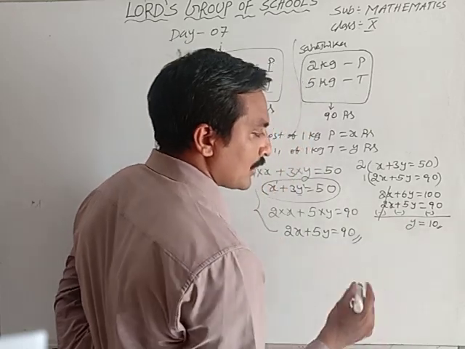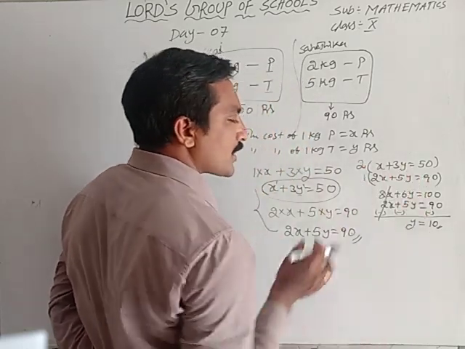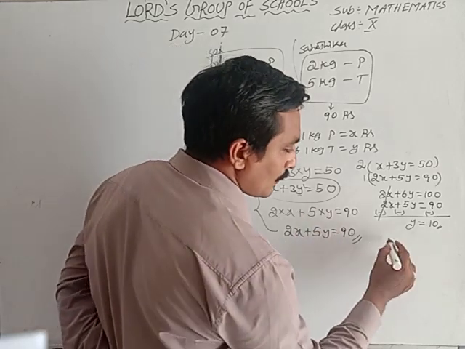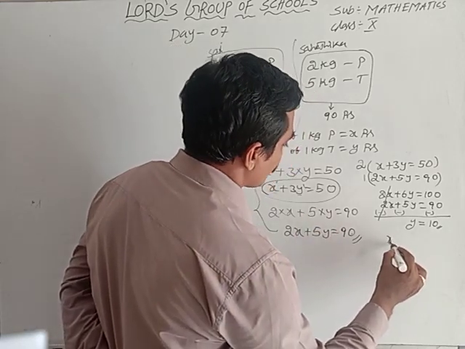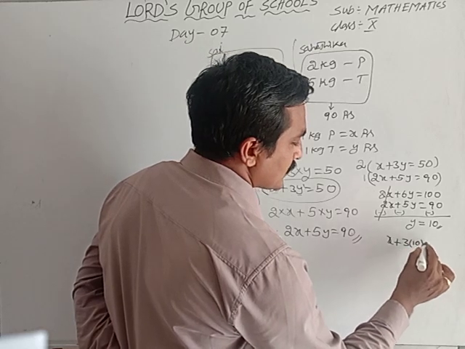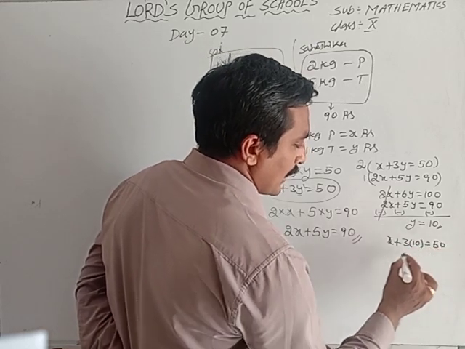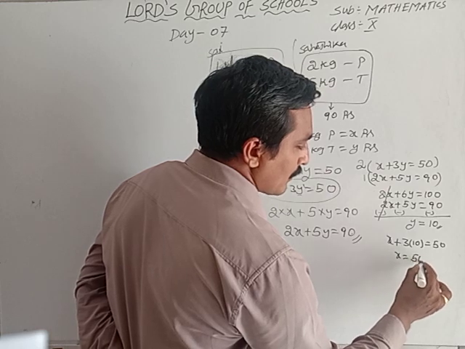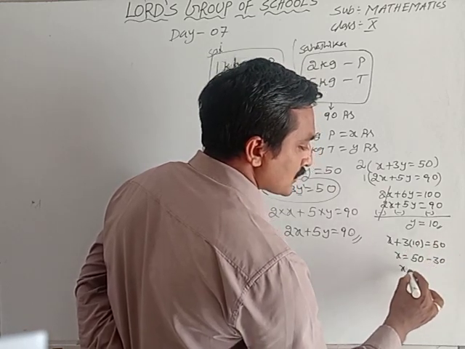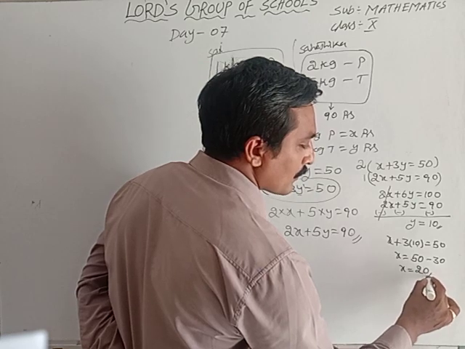y value is 10. This y value, substitute in equation 1 or 2, any one equation. x plus 3 into y value 10 is equal to 50. x is equal to 50 minus 3 into 10, 30, transfer that side, minus 30. x is equal to 20.